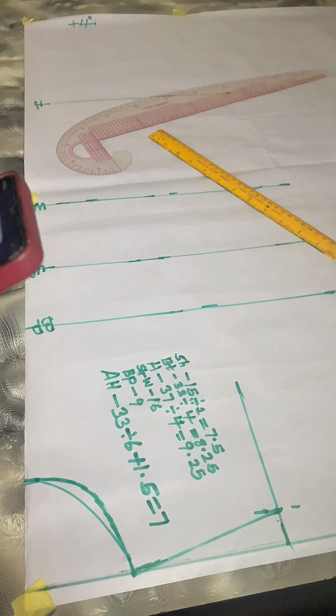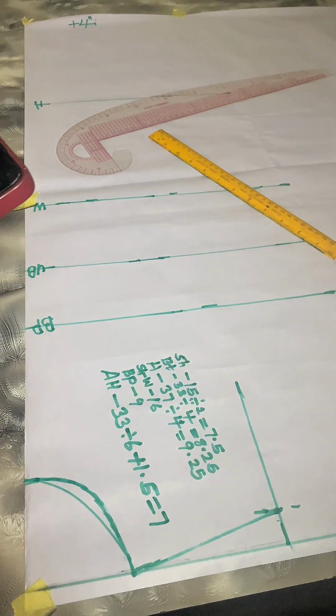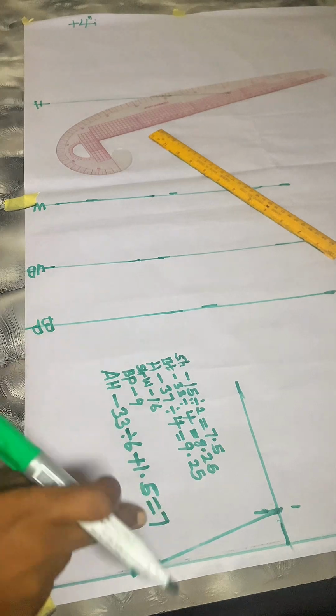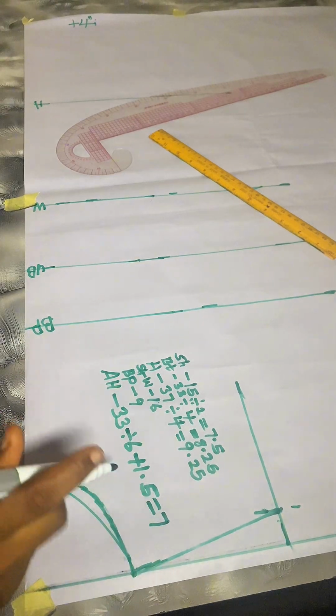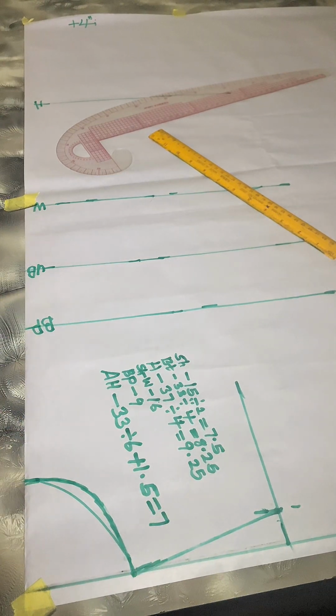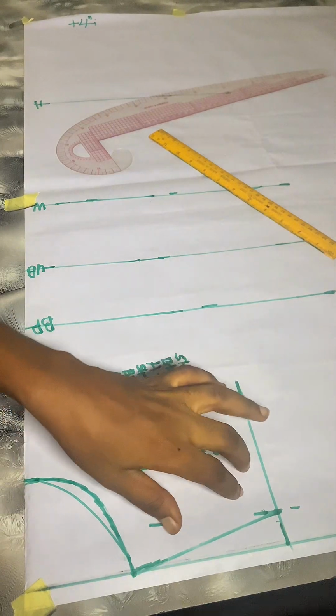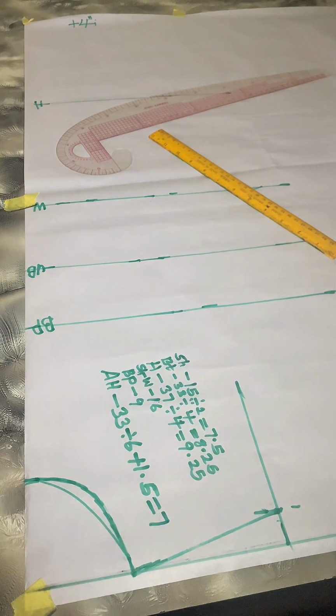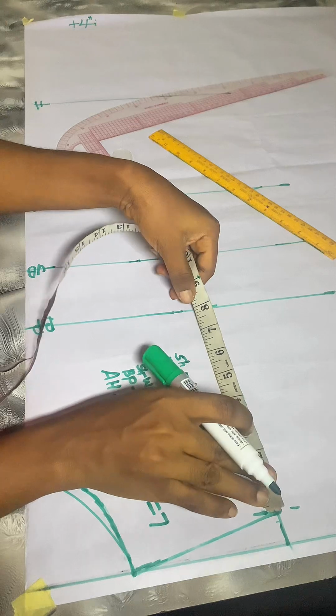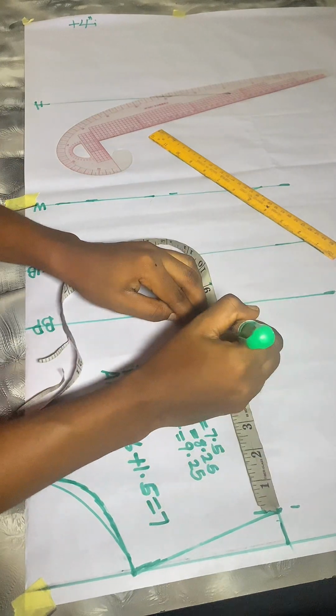But if it is a sleeveless gown, you're not going to add 1.5, you're going to add 2. But since it's not sleeveless, it's going to have a sleeve, so we are working with 7. So let's go down by 7 here.